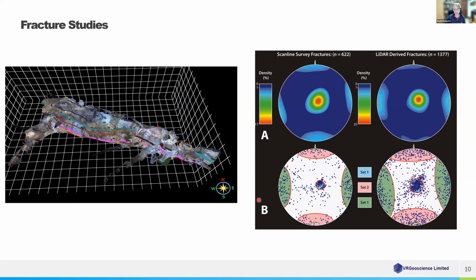We compare the results of the manual survey with the LiDAR-derived ones, and get a very good match, as you would hope. There are some differences. You can see that the LiDAR-derived fractures are a little bit more diffuse, a little bit more dispersed. That's probably because of the resolution of the scanner. Maybe we're not able to measure as accurately as we can on the outcrop.